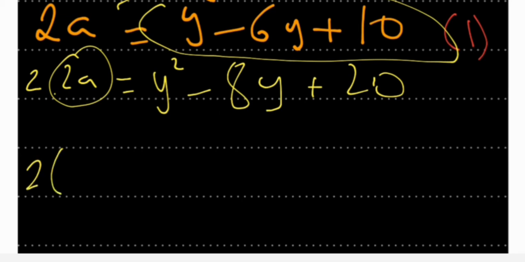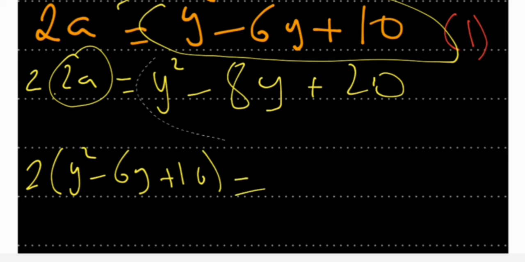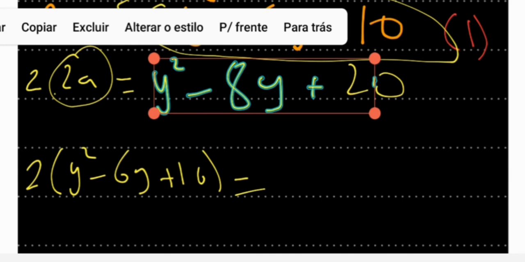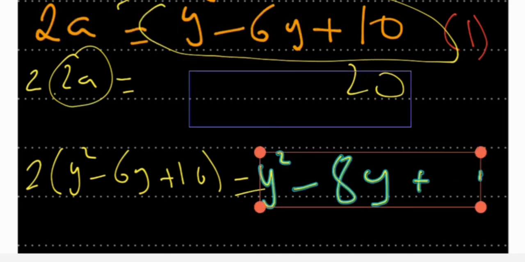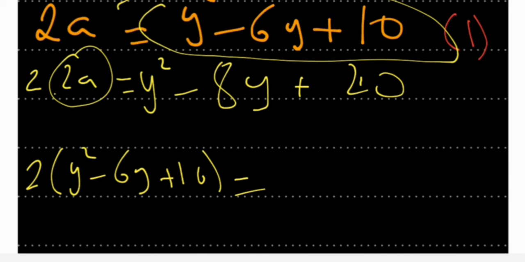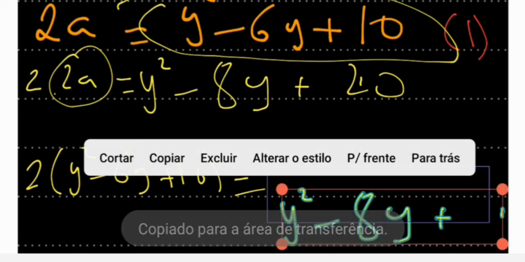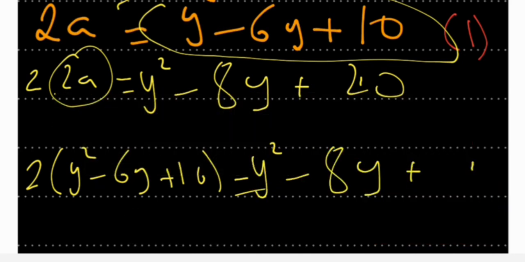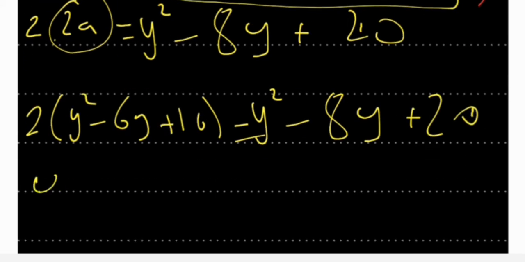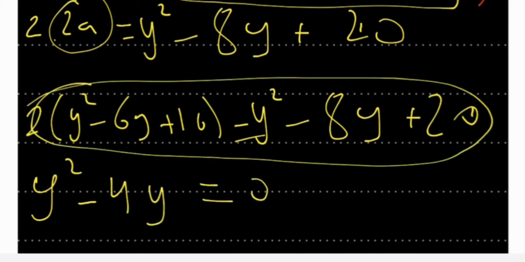So I'm going to have 2 multiplied by y squared minus 6y plus 10 equals this part over here, equals this, and here it is 20. So we are going to have that y squared minus 4y is equal to 0, okay? I just solved this very fast, okay?